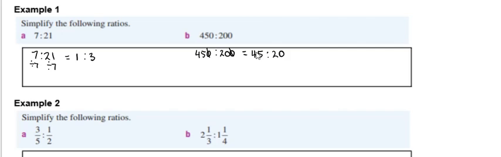A number that goes into 45 and 20 is 5. If we divide both by 5, we get 9 to 4. That's it, because no numbers divide evenly into 9 and 4. So 450 to 200 becomes 9 to 4.